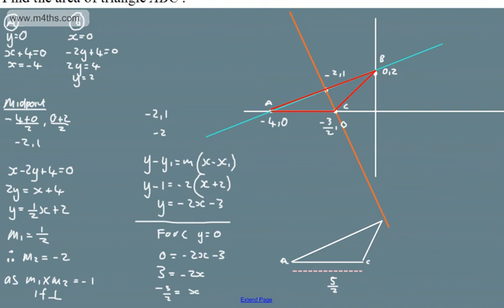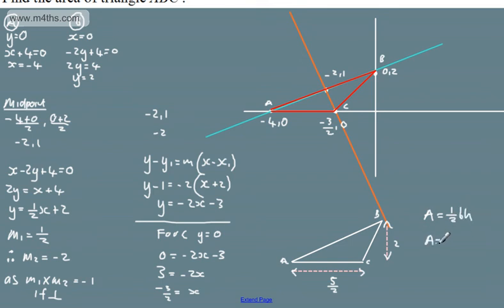We're now going to look at the perpendicular height. The perpendicular height is simply the y coordinate here, and that's going to be 2. So if we put that on, we've got a perpendicular height of 2, and this is going to be B. We've got the dimensions that we need, and we simply use the area of a triangle, which is 1/2 base times height.